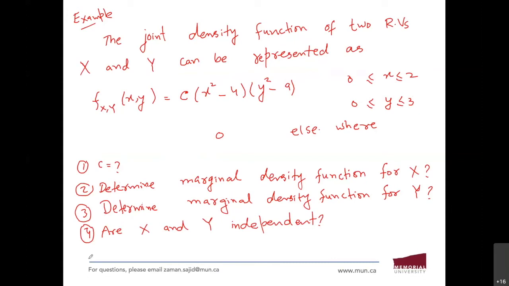The last objective is, we need to find the probability when x is greater than 1, given that y is 2, and we need to find f of x at the values of 1 and 3. These are our five objectives for this example.